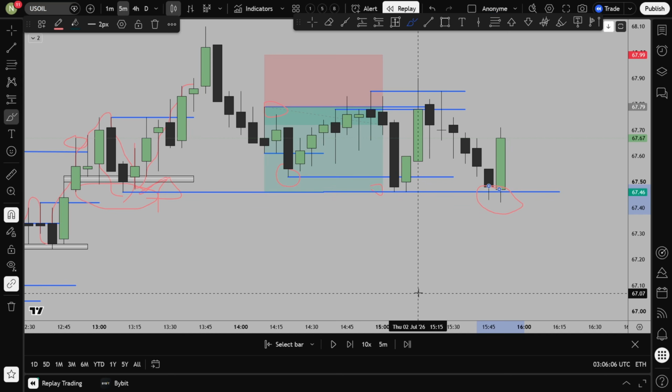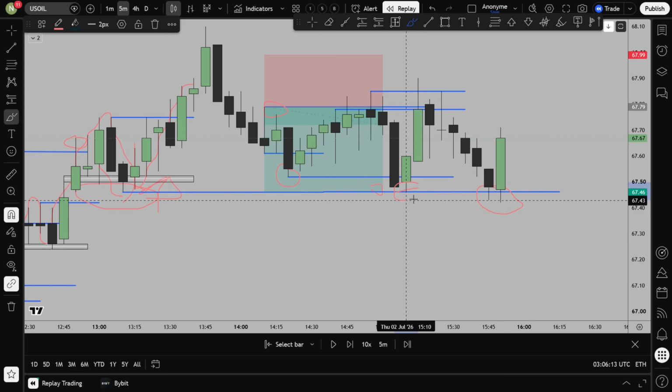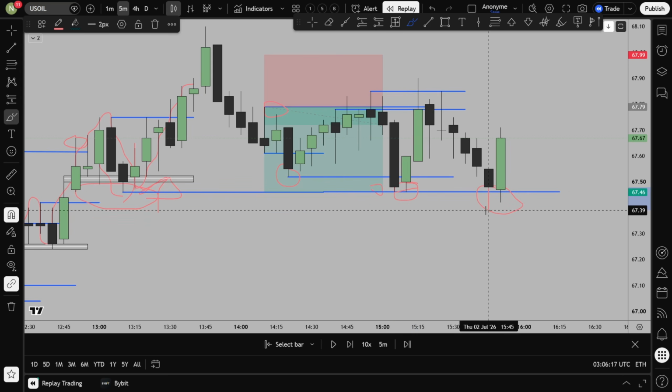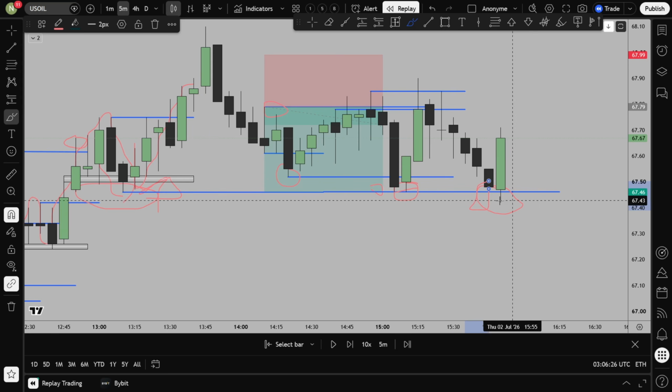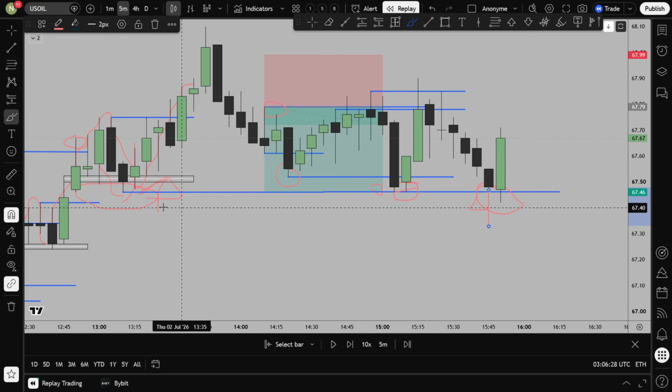Then price went down, and now we have here a change of character, which I said could be a wick, but here there is a very important thing: our micro break of structure didn't break. We need to have a candle close here. So we need a close in the micro structure and a wick or close on the change of character.